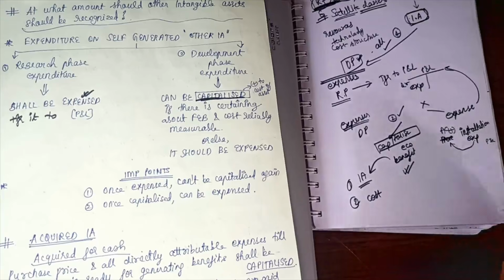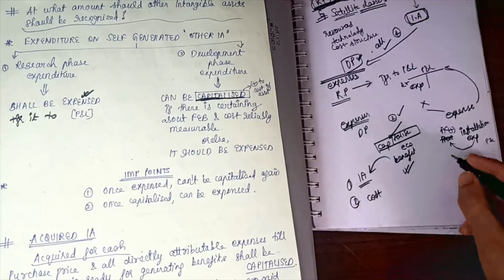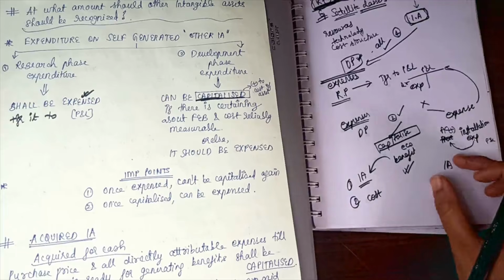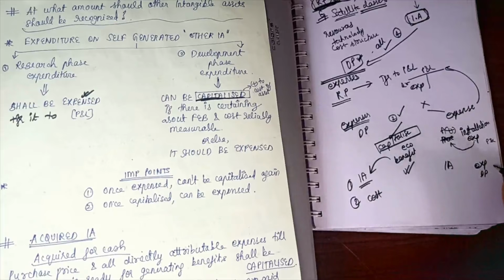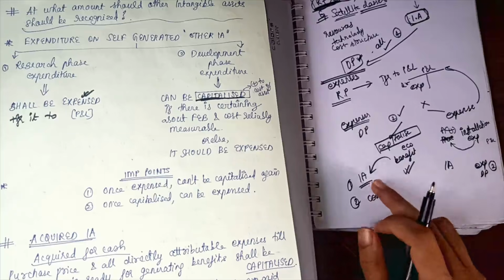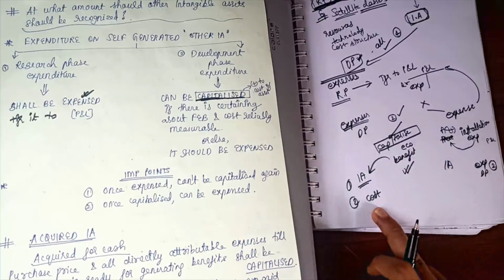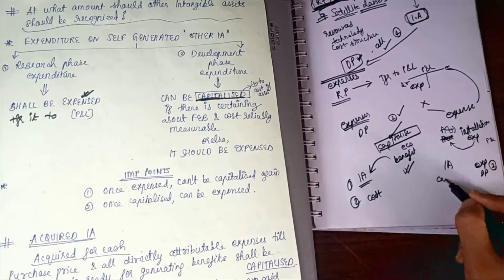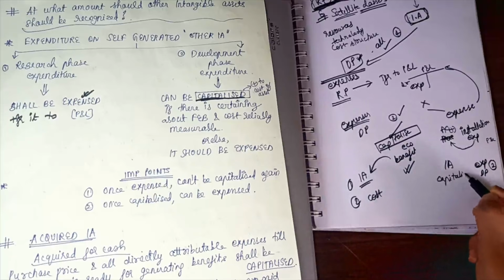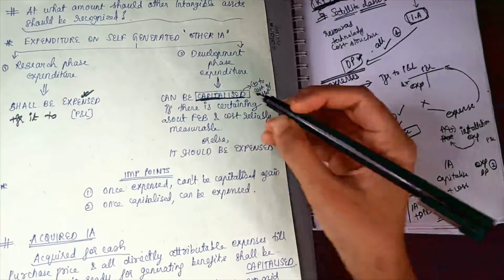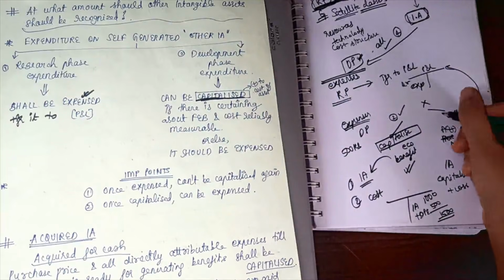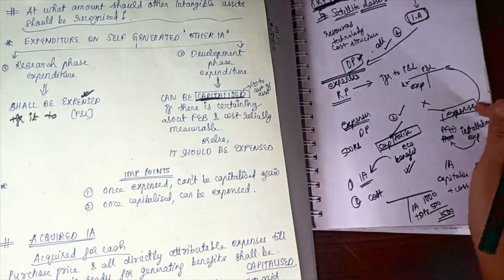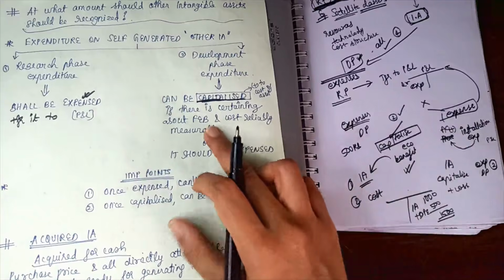So likewise, if there is some intangible asset and some expenses which you have incurred in the development phase and those expenditures meet the 2 conditions of future economic benefits and cost, then you have to capitalize it, meaning you have to add it to the cost of the asset. So capitalizing means adding to the cost of the asset. If these 2 conditions are not fulfilled, whatever expenditure you have incurred in the development phase, you will transfer it to P&L. That is what I have written here.